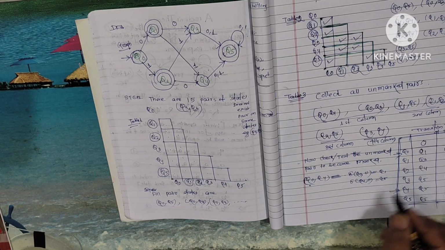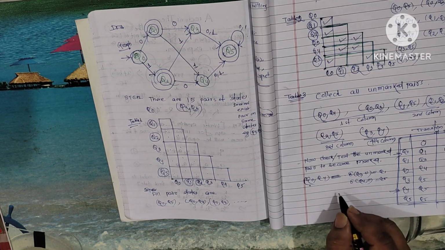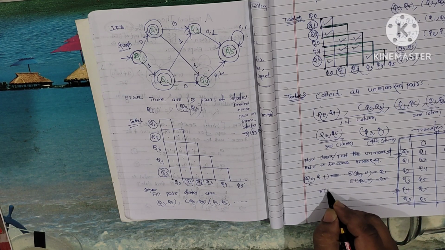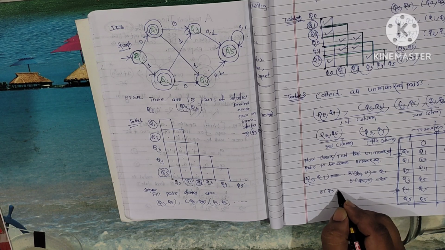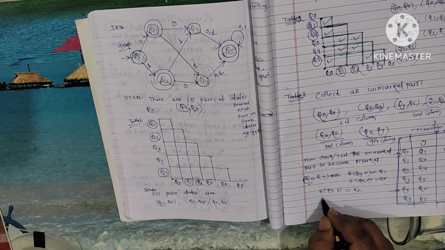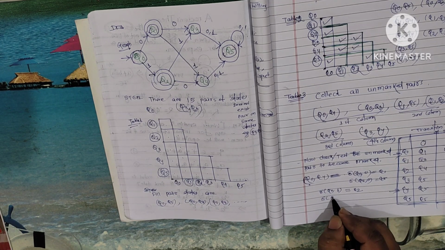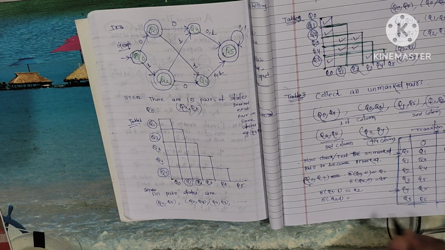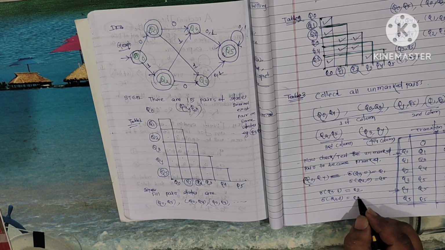Let us check also Q0 on input 1 is going to Q2, Q4 on input 1 is going to Q5.